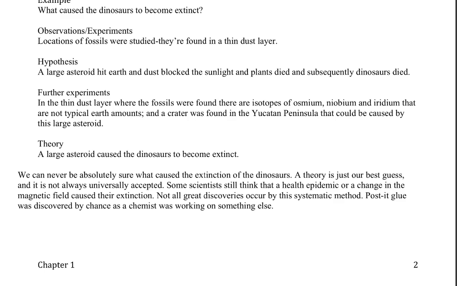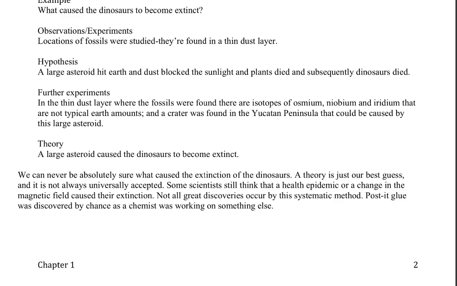And a crater was found in the Yucatan Peninsula, that's off of Mexico, that could be caused by this large asteroid. This crater is, I think, around 100 miles in diameter, which would mean the asteroid was around 6 miles in diameter.